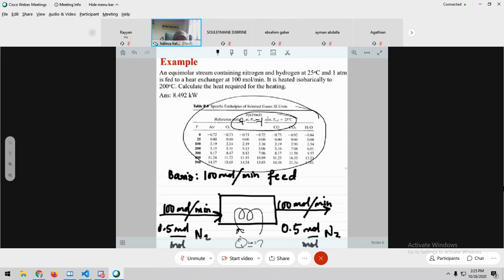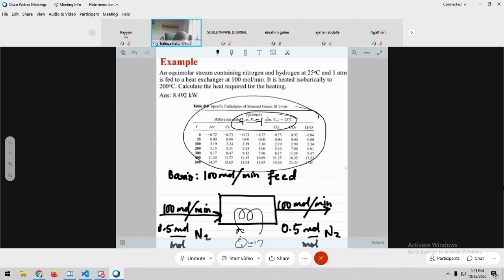If you have many tables that you're using to solve your problem, you have to have the same reference state for all of the tables. In this case, there's only one table, so this is your reference state.